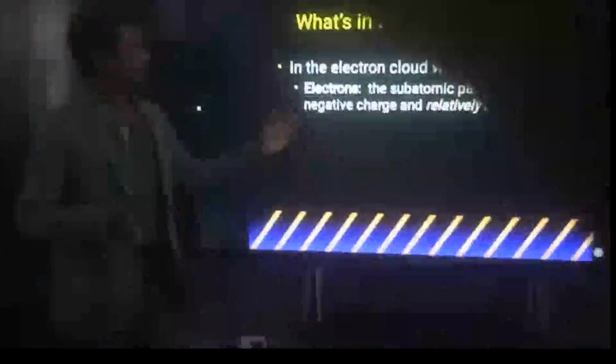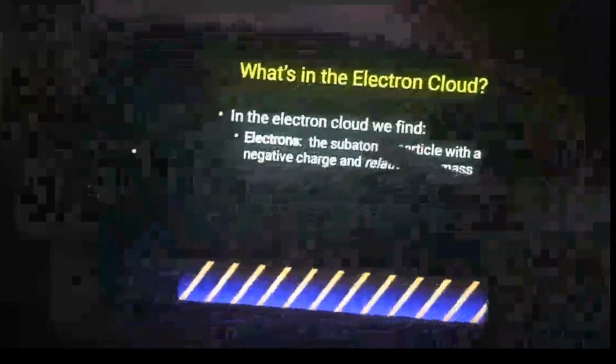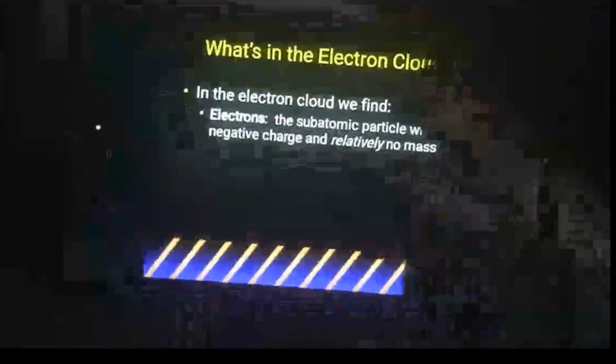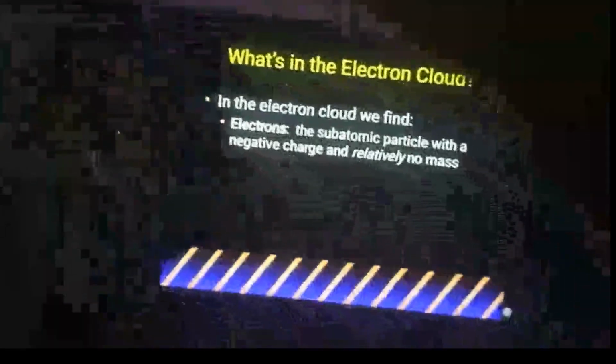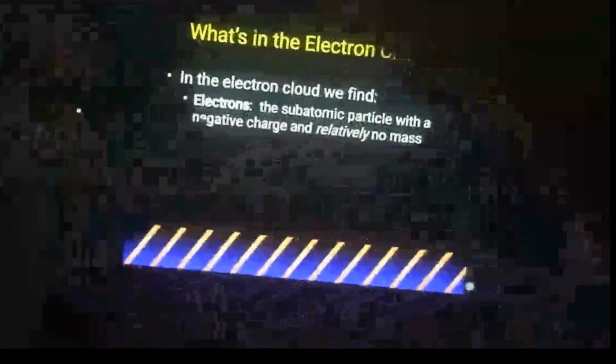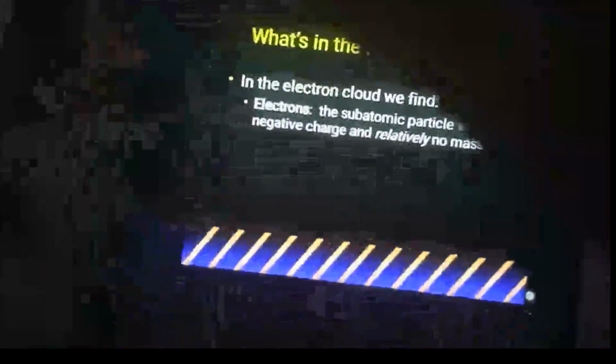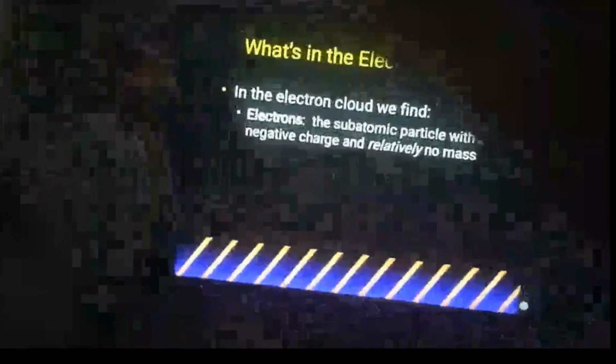We know protons are positively charged particles, but electrons are negatively charged subatomic particles. You can see the electrons are subatomic particles with negative charge and relatively no mass. When we compare the mass of the electrons with the mass of protons and neutrons, we can consider there is no mass for the electrons. So we consider electrons as tiny spots in the electron cloud.